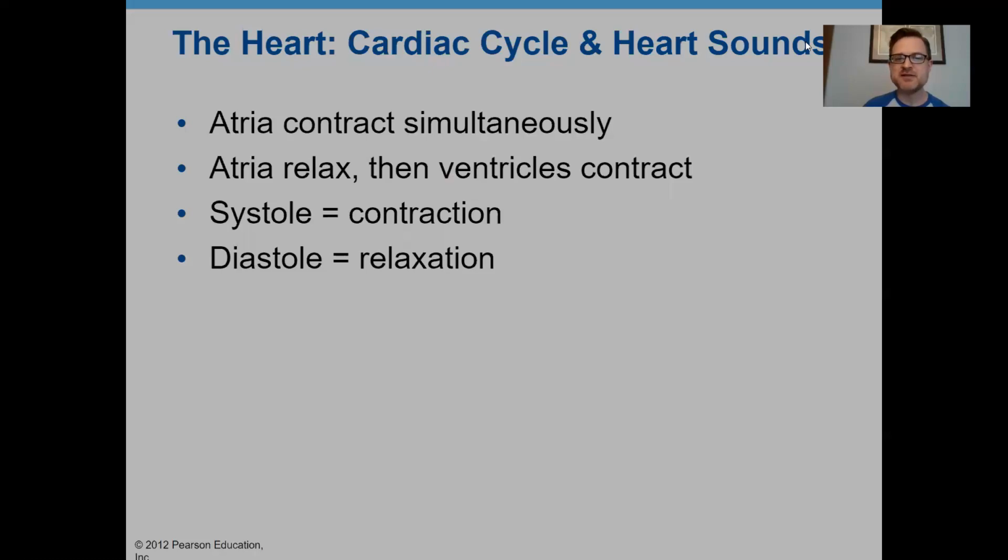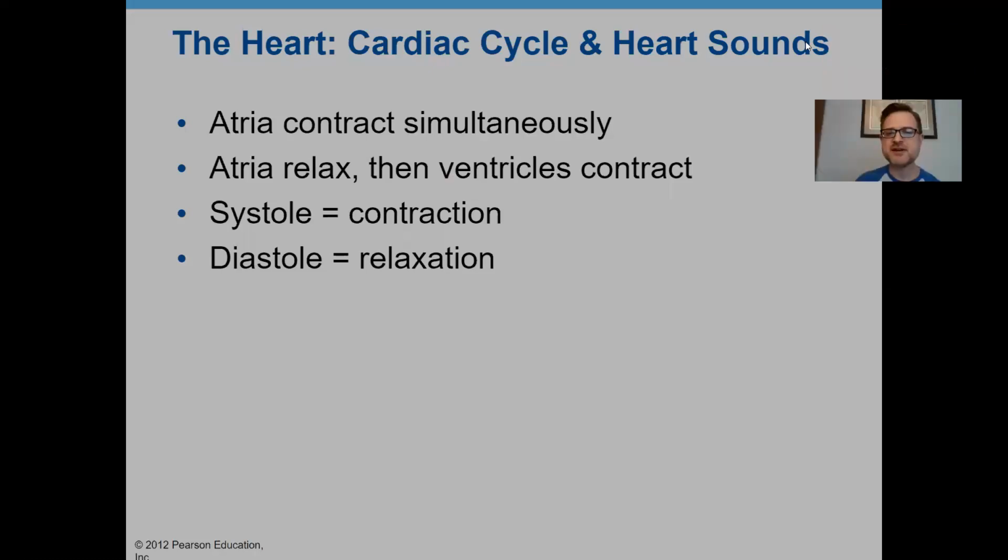Okay, so let's move on to the cardiac cycle and heart sounds. So systole and diastole. This is going to relate to your blood pressure later, but we've already said this. You want your atria to do their thing together and your ventricles to do their thing together. A systole is when the ventricles are contracting.